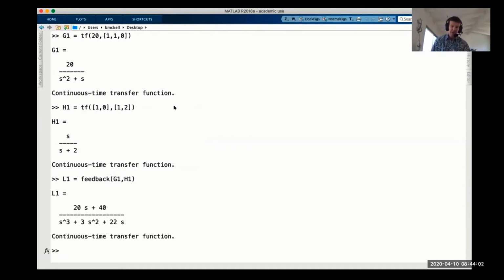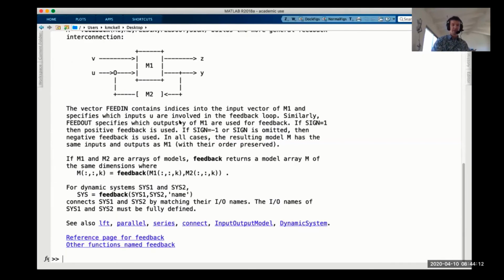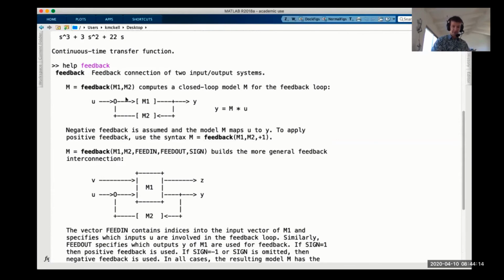So feedback is another built-in Matlab function, see if we can get the help file on it. There we go. So the syntax is system1, comma system2, where system1 is assumed to be in the forward path and system2 is assumed to be in the feedback path.